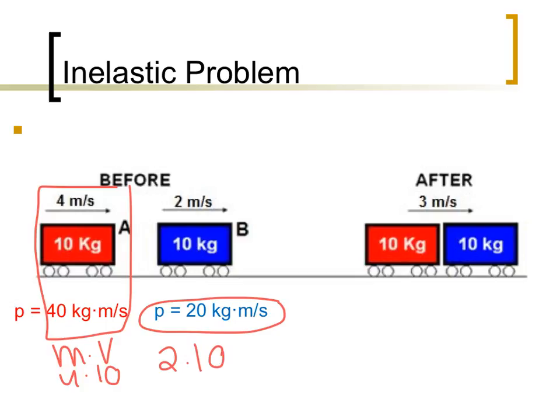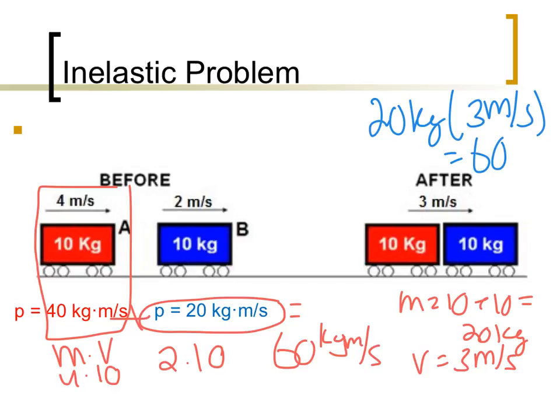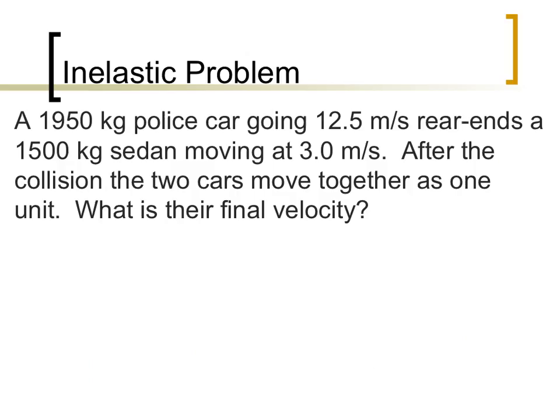So my total momentum before, when I add these together, is 60 kilogram meters per second. Afterwards, to check if this is correct, I have a total mass of 20 kilograms and a velocity of 3 meters per second. If we multiply that out, 20 kg times 3 meters per second, we'll see it also equals 60.